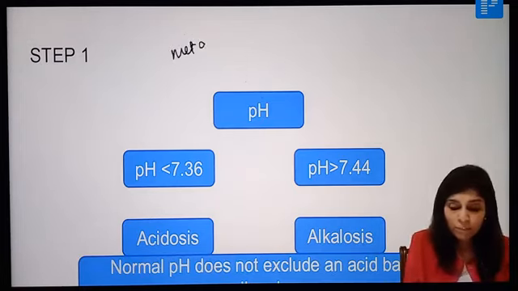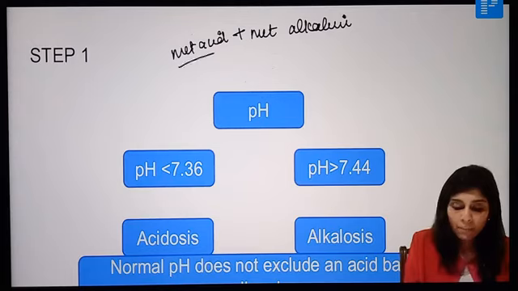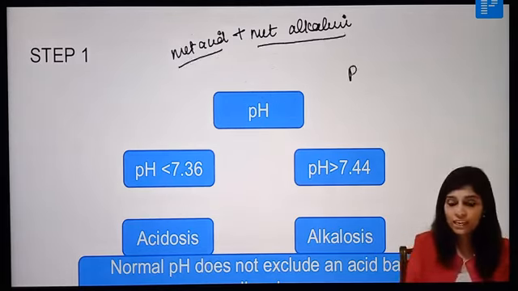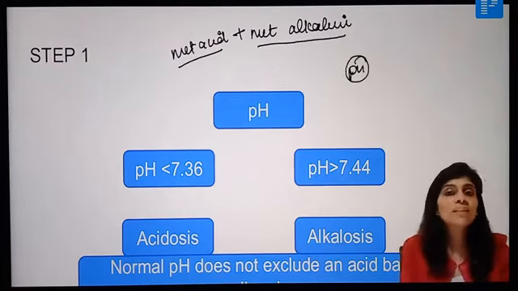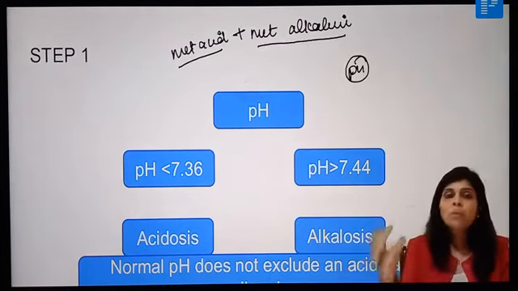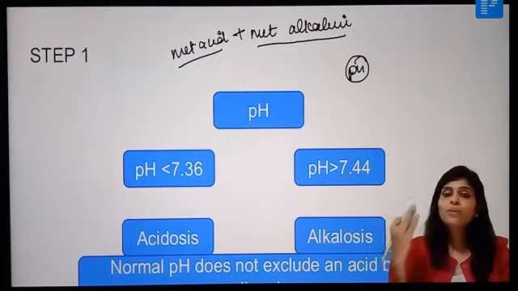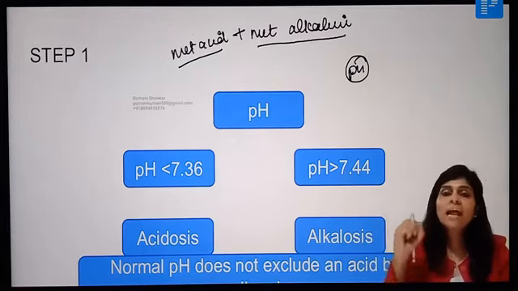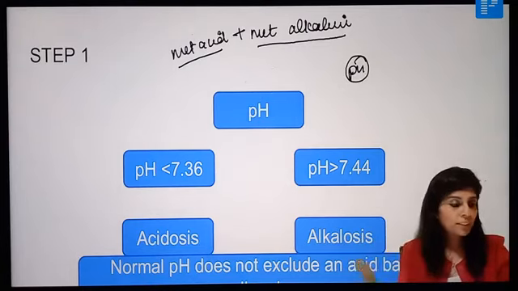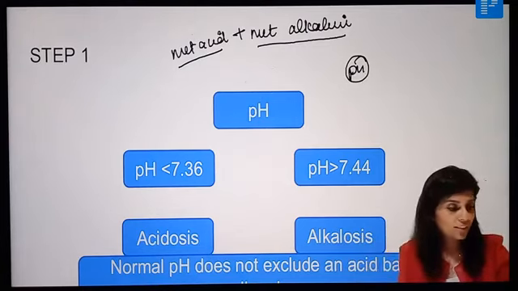For example, what if the person has got a combination of metabolic acidosis and metabolic alkalosis? In that case, pH will be within the normal range. So even when the pH is normal, please go ahead and check bicarbonate and PCO2. Only when all 3 values are normal, you can say that the person is in a normal acid-base homeostasis. This is step number 1 to find out whether it is acidosis or alkalosis.